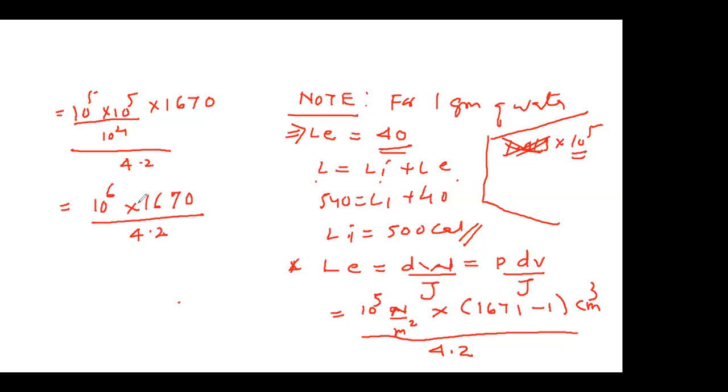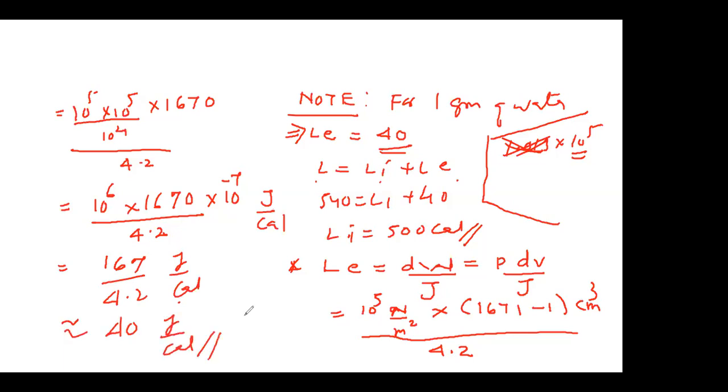This is in erg, whole thing, into 10⁻⁷ it becomes joules per calorie. So this is equal to 167 upon 4.2 joules per calorie. This is nearly 40 joules per calorie.